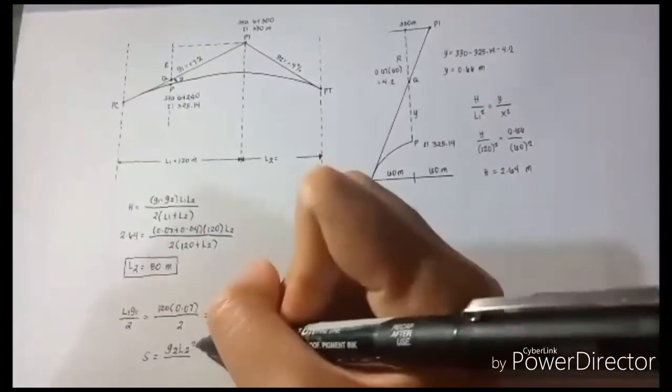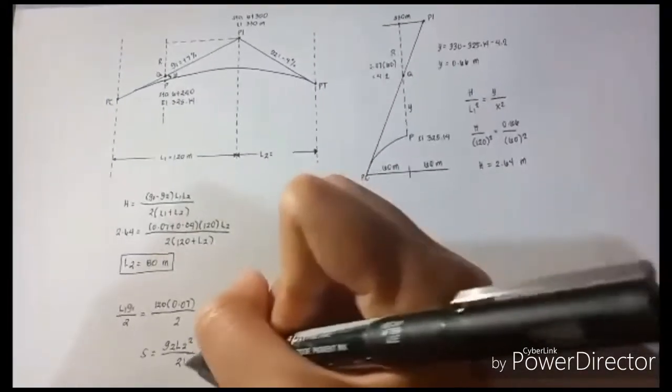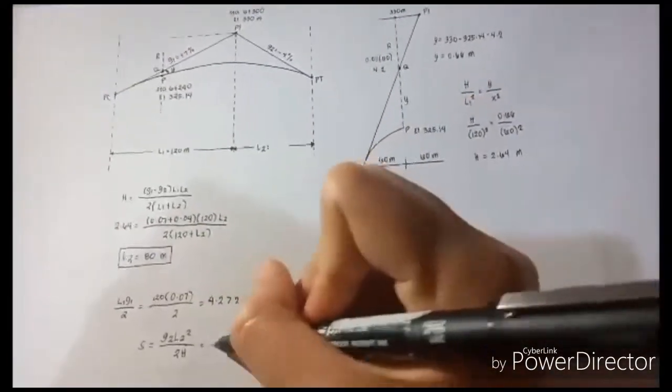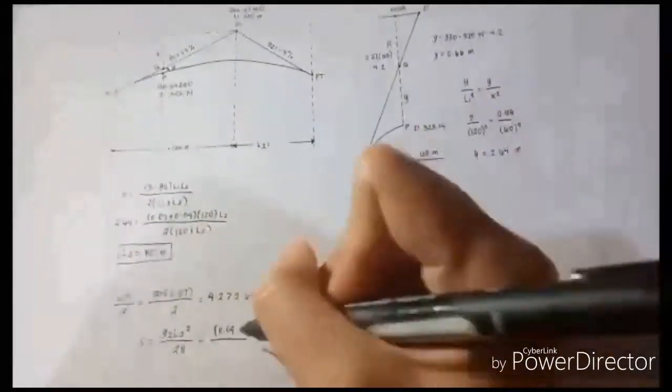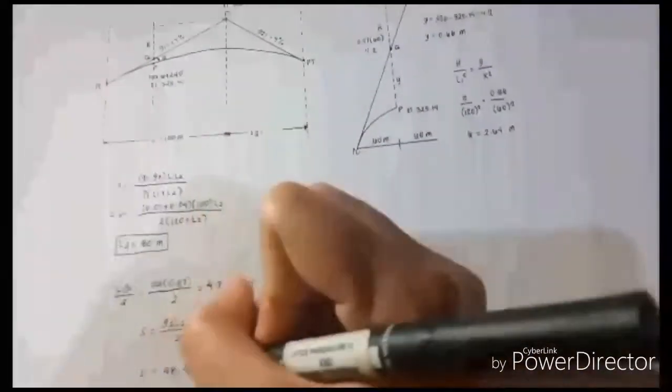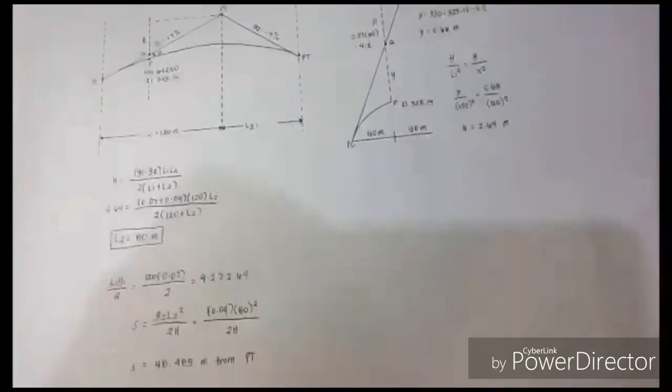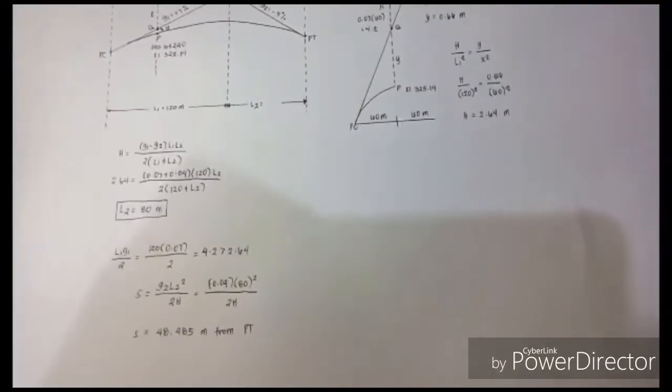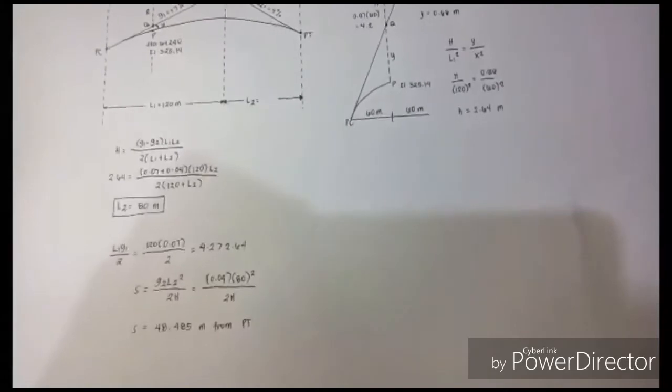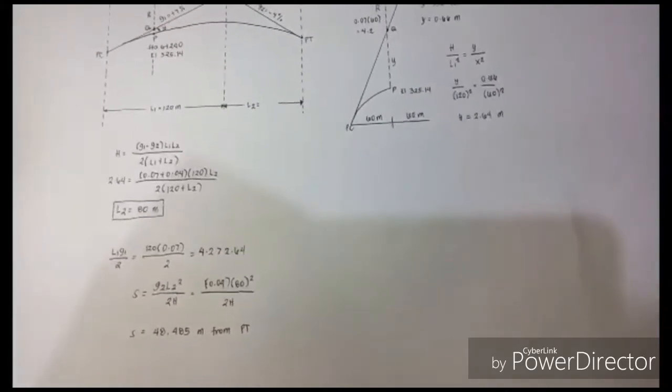G sub 2 times L sub 2 squared over 2H. Okay, the result is 48.485 meters from PT.